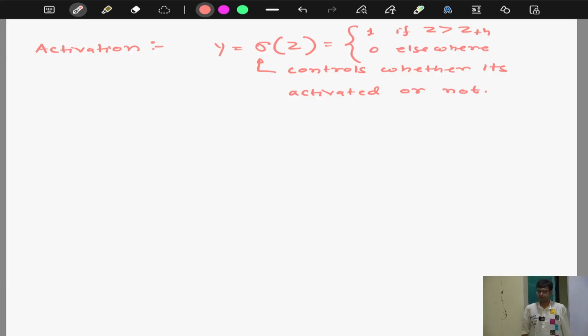So this is the threshold function, and by the way, what is the name in neural networks? Sigma is the activation function. This model, y equal to sigma of z, is known as the perceptron.